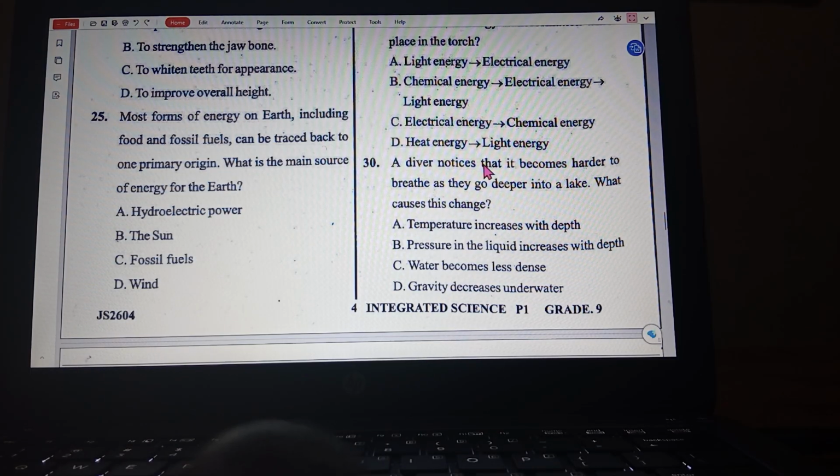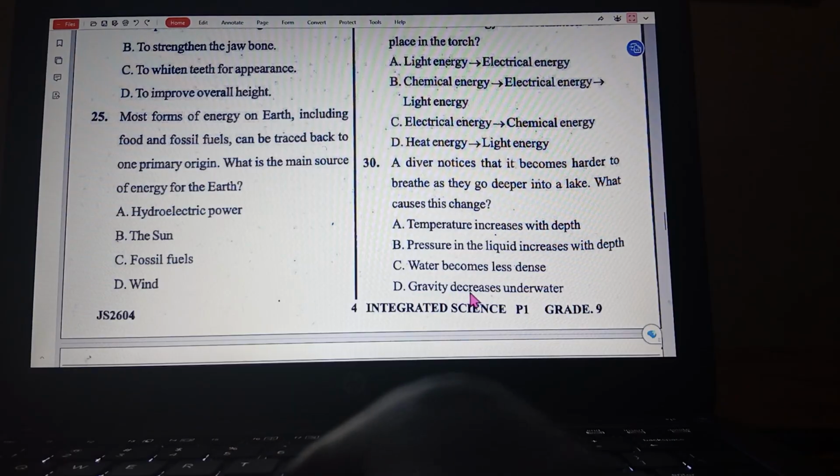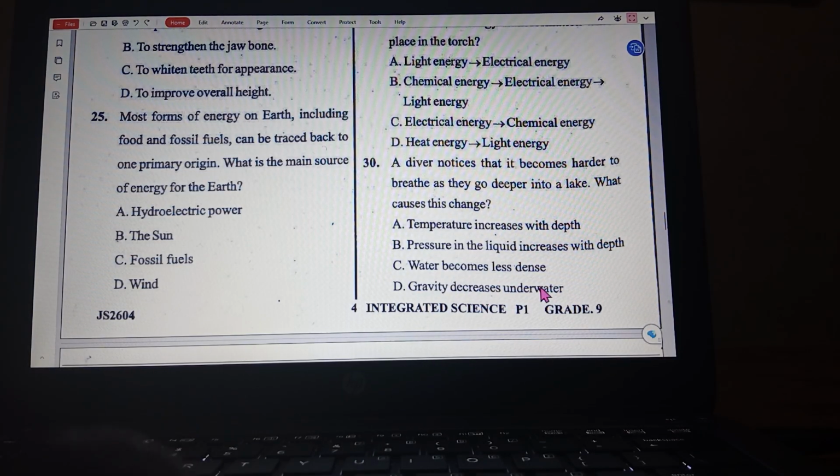Temperature increases with depth? No. Water becomes less dense? No. Gravity decreases underwater? No. The answer is B. Pressure in liquid increases with depth.